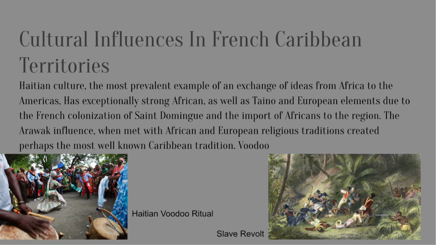The Arawak influence, when met with African and European religious traditions, created perhaps the most well-known Caribbean tradition, Voodoo, as recently spoken about. To the left is a picture of a Haitian Voodoo ritual.